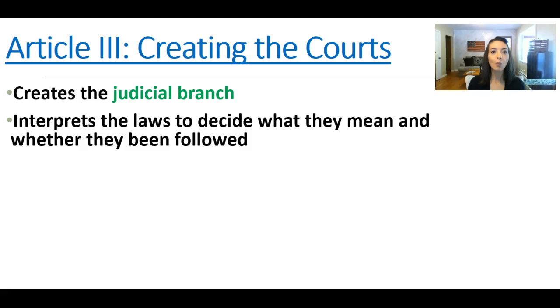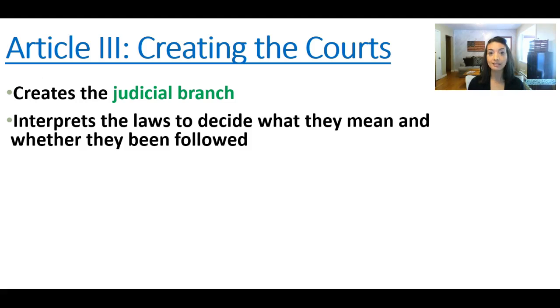Now, what these guys do, they interpret the laws to decide what they mean and whether they have been followed or not. So this is part of our court process.